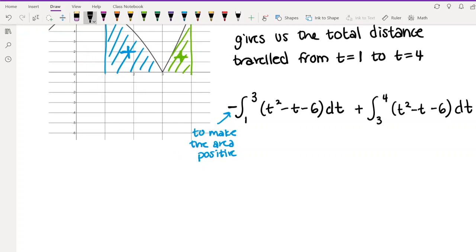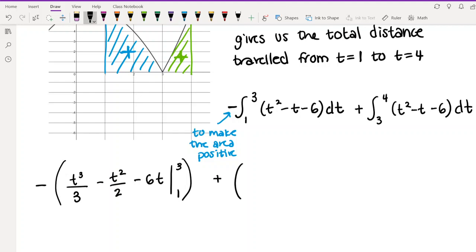So for the first part, we have, again, t cubed over 3 minus t squared over 2 minus 6t, evaluated at now 3 and at 1. And then once we get that answer, we're going to take that answer and flip the sign. And then to that, we're going to add the same antiderivative, but now evaluated at 3 and at 4.